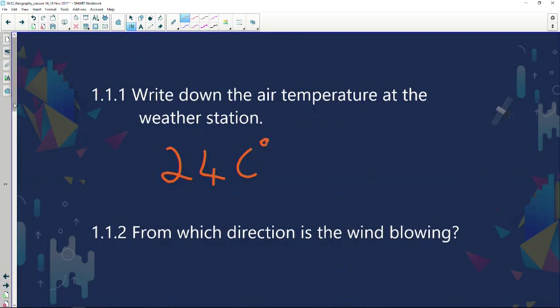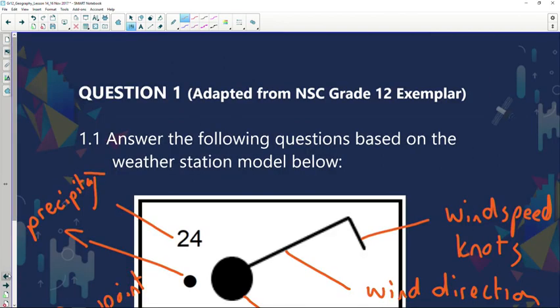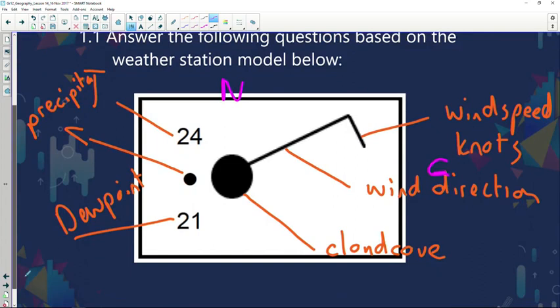The next question: from which direction is the wind blowing? Keep in mind, if you look at your weather station model, north is always on top. There's north, there's east, there's south, and there's west.